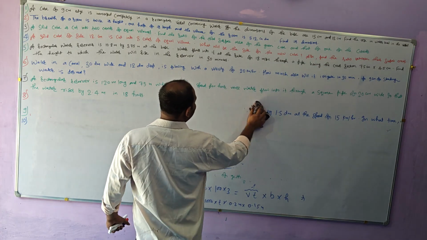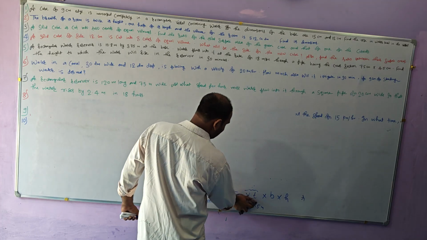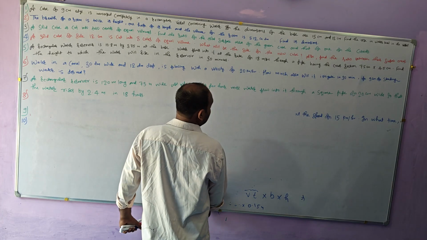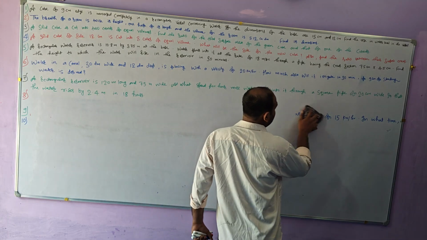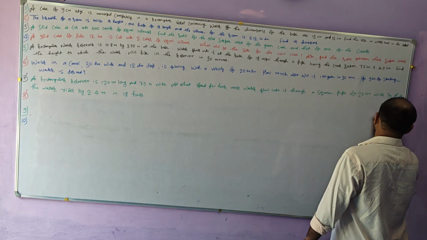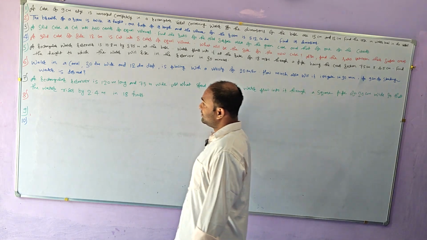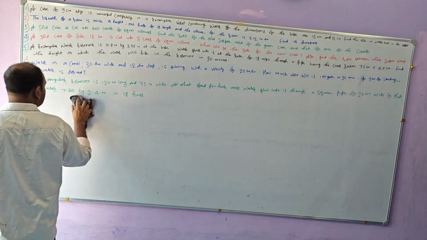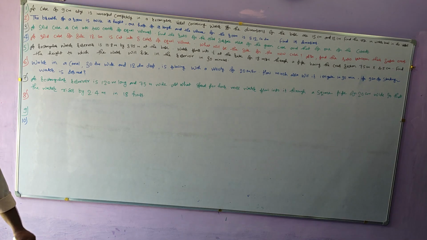At what speed per hour must water flow into it through a square pipe of 20 centimeter wide so that the water rises by 2.4 meter in 18 hours.